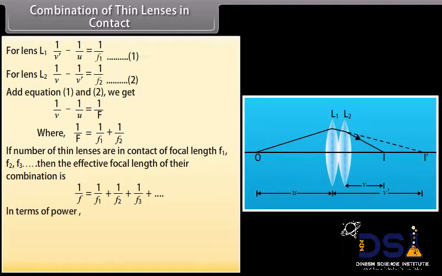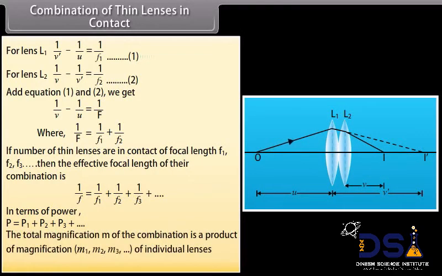In terms of power, P is equal to P1 plus P2 plus P3 and so on. The total magnification M of the combination is the product of the magnifications M1, M2, M3 and so on of the individual lenses. M is equal to M1 M2 M3.